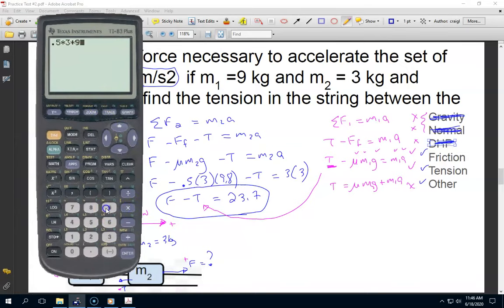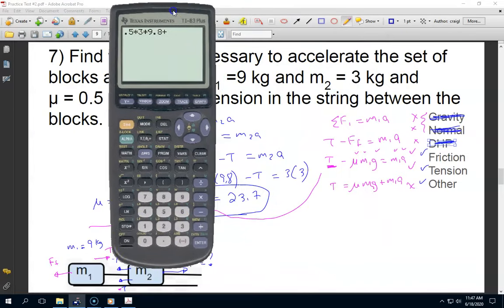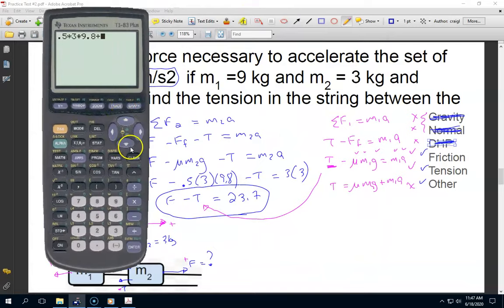And that times 9.8. And then plus mass... Oh, you know what? I really wanted mass 1, didn't I? These are labeled kind of backwards. All right. So mass 1 is 9. Let me try that one more time. Instead of a mass of 3, it's a mass of 9. All right. Now I think we're okay.